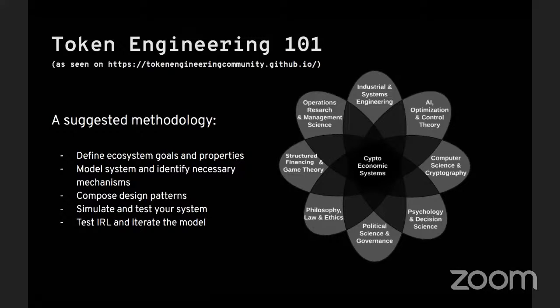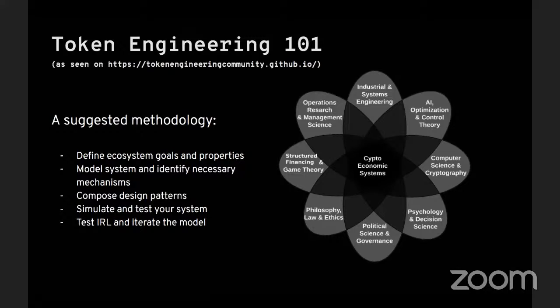But the idea of putting engineering practice into the development of a token is to create some sort of methodology and structured approach in how you design and optimize for the goal that you set for your network. For that, a bunch of steps can be taken.